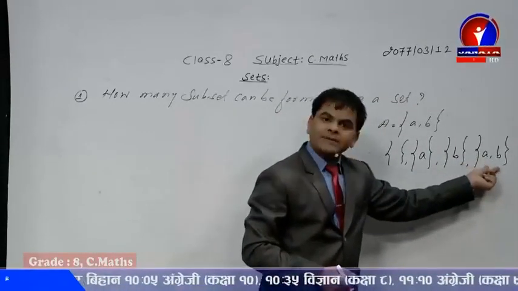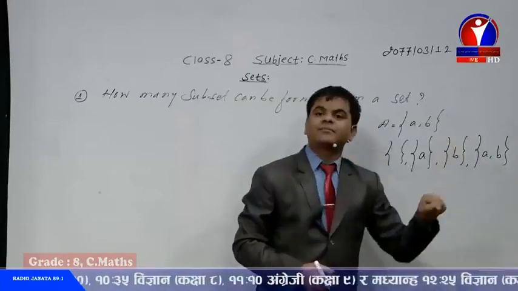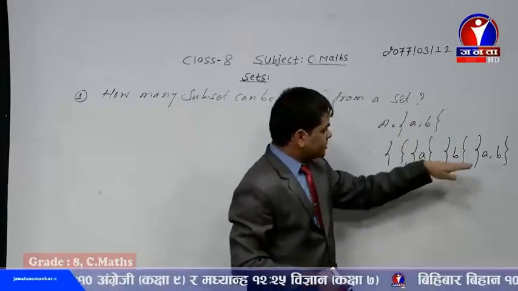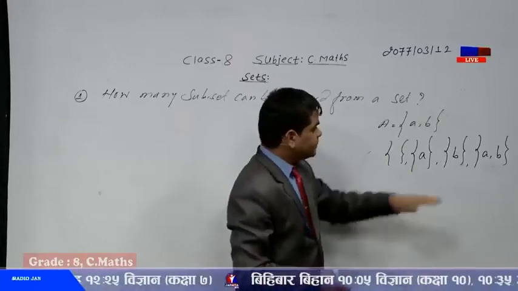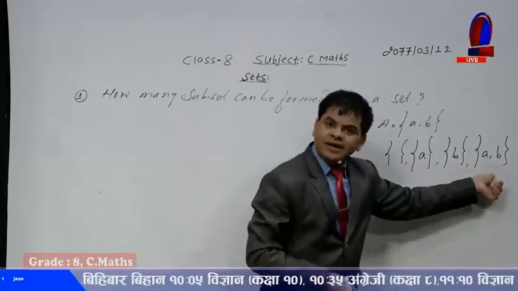In the bygone class, what I had told in case of improper subset: a subset having the same elements and an equal number of elements, if both conditions apply, that type of subset is known as the improper subset.